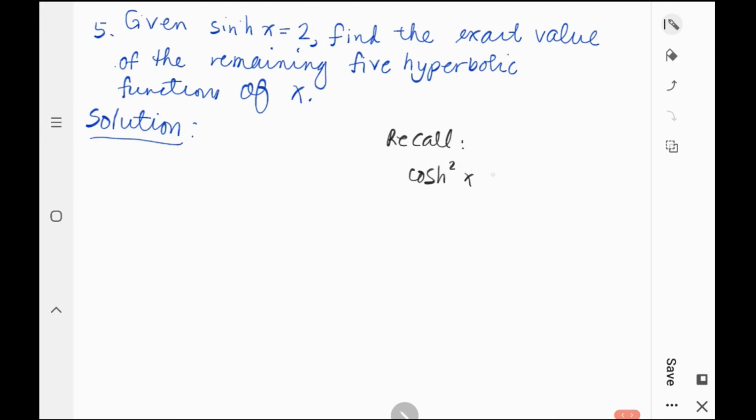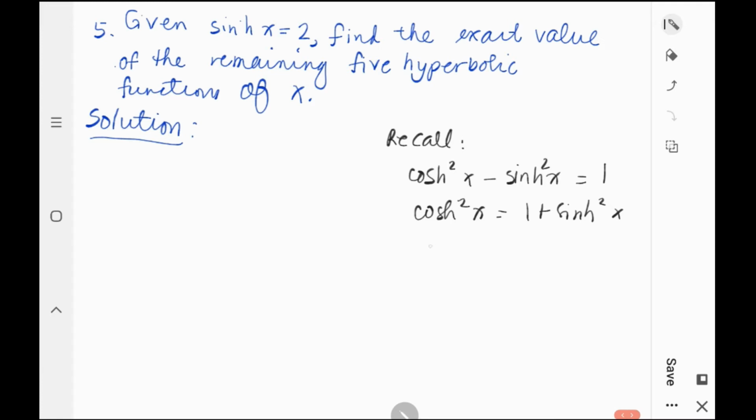The square of hyperbolic cosine of x minus the square of hyperbolic sine of x is equal to 1. And then you can actually have this value for the square of the hyperbolic cosine. This is 1 plus the square of hyperbolic sine of x.